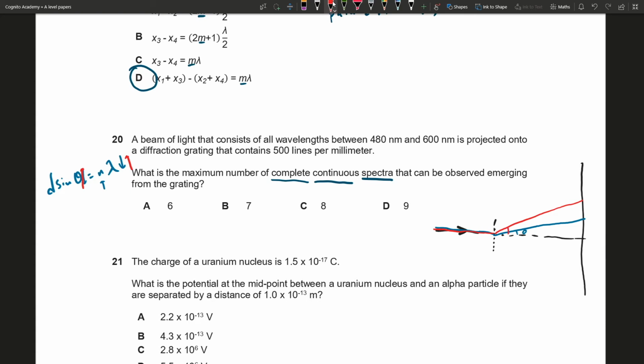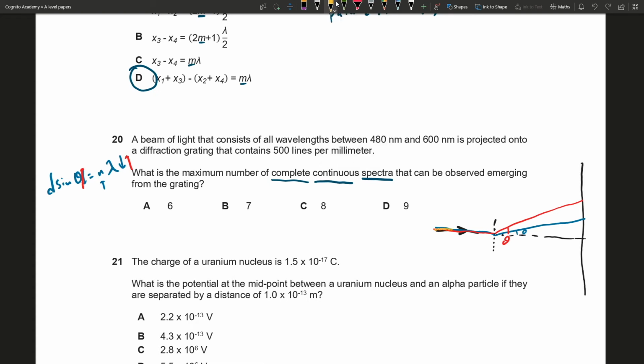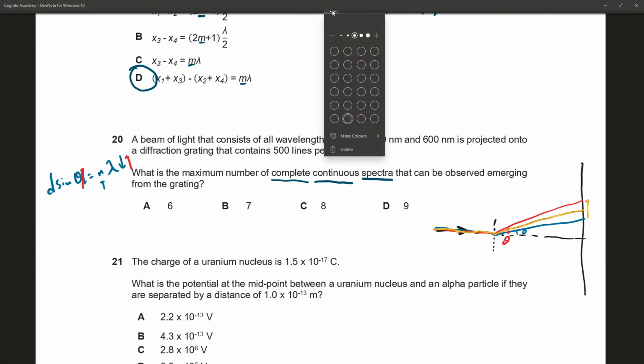So this is our angle theta. I can't really find a yellow, so let's just take this yellow light somewhere in between. Theta will be in between the two thetas for yellow, so it will go somewhere in the middle. So what we realize here is that there will be a continuous spectra over here. This is ugly. Let's change back our color to black.